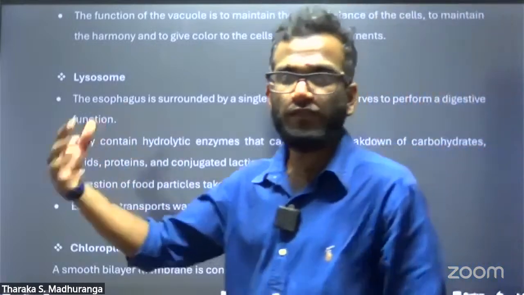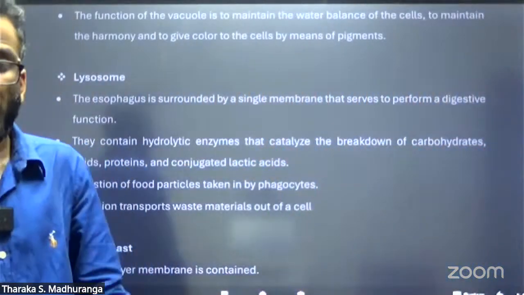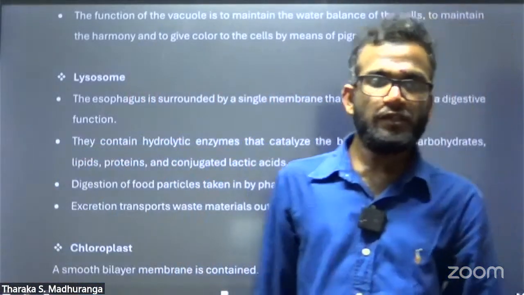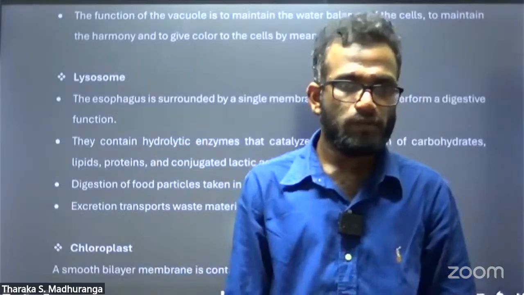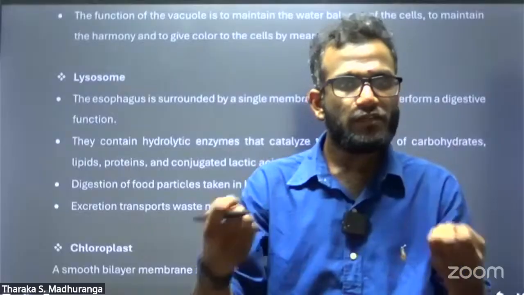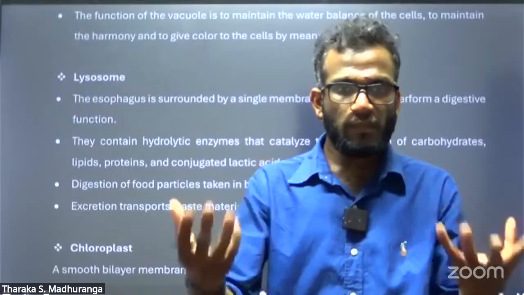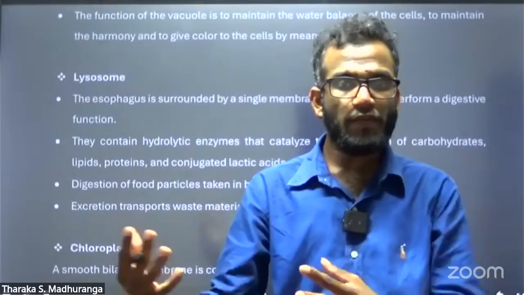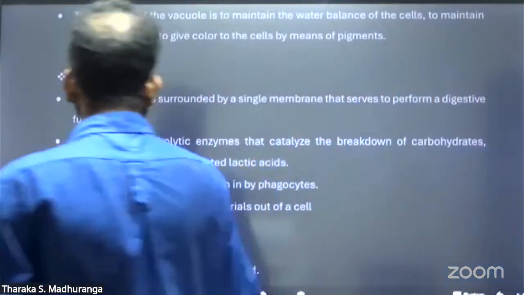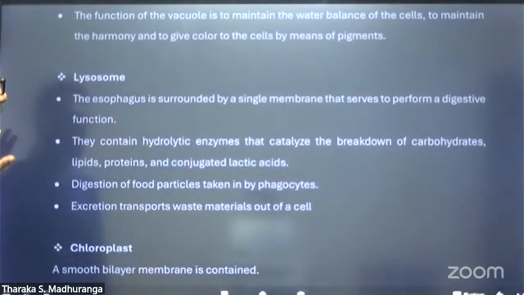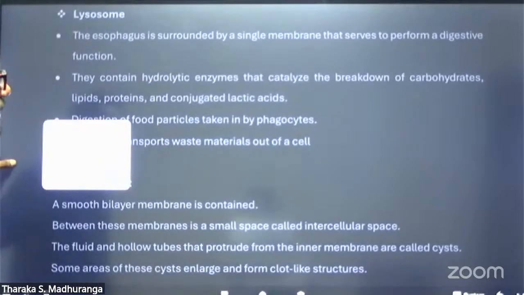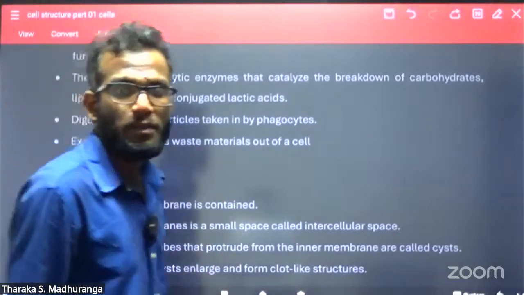It produces different enzymes and releases them to the cytoplasm to break down carbohydrates, proteins, and waste particles into simple compounds. For example, starch is converted into glucose, lipid is converted into glycerol and fatty acids, and protein is converted into amino acids. Therefore it does the breakdown process and reduces wastage generated in the cell.